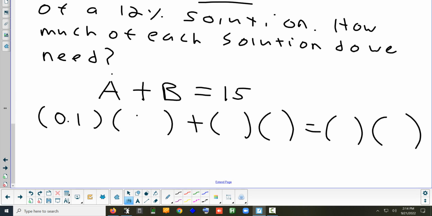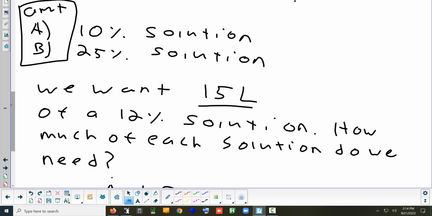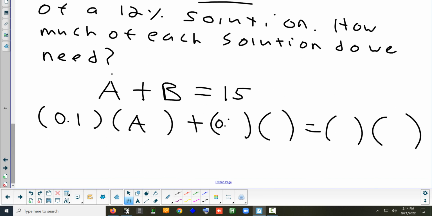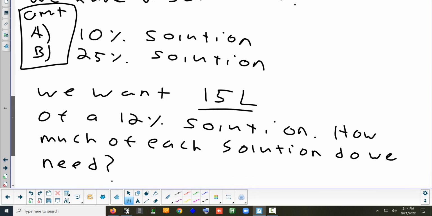A. Next one. What's our concentration of the second solution? And as a decimal? 0.25. Concentration, amount, concentration, amount. What's the amount we're using of the 25% solution? B.